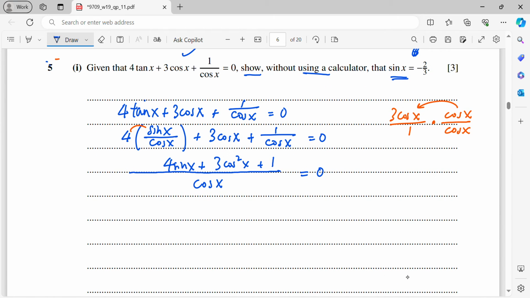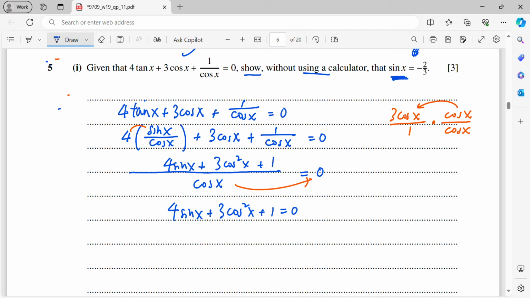Now this cos x in the denominator will be moved up, but it is still 0. So here it will be 4 sine x plus 3 cos square x plus 1 equals 0.